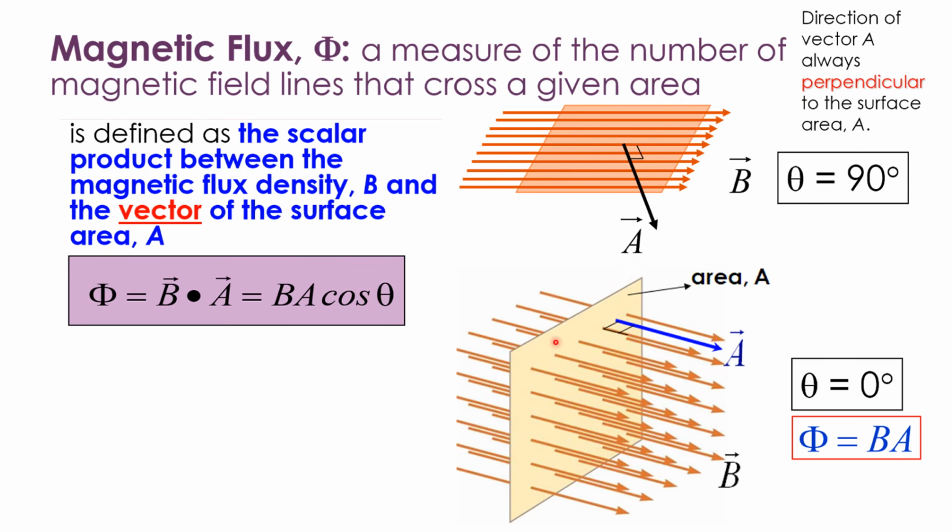So if we have a plane that is perpendicular to the direction of B, its vector area A is parallel to the direction of B. So the angle between B and A is 0 degrees, because A and B are parallel to each other. Putting cos 0, we get phi equals 0. So we get minimum flux when vector area and B are parallel to each other.